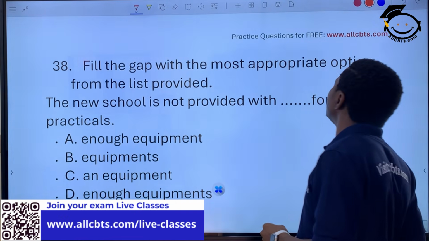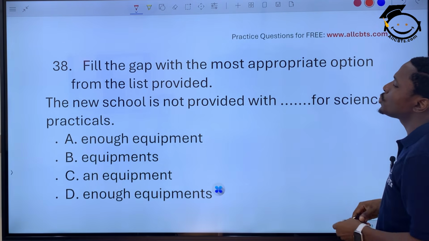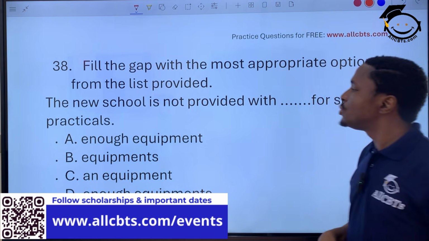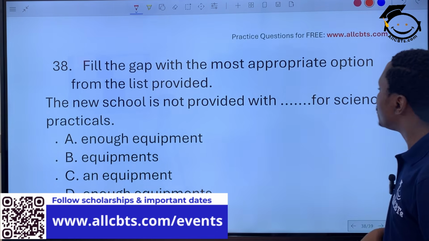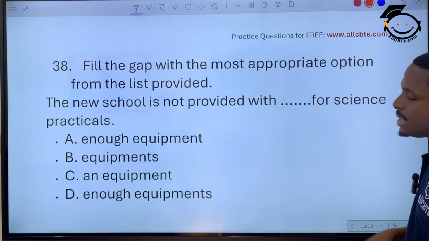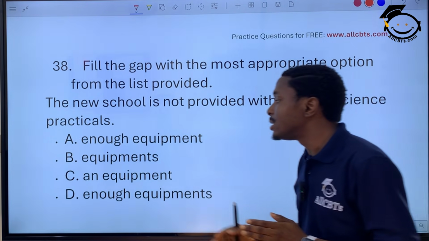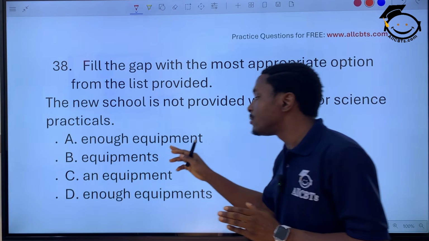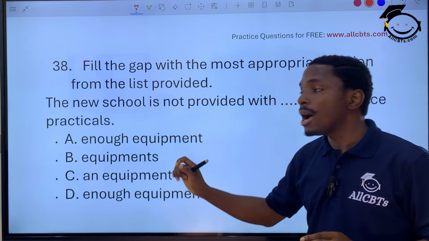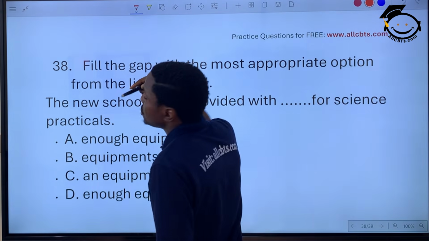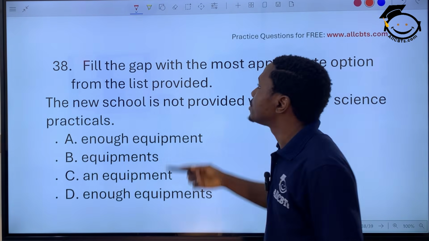Next, fill in the gap with the most appropriate word. The new school is not provided with dash for science practicals. The new school is not provided with enough equipment. There's nothing like equipments. Equipment is never put in with the S. These are uncountable nouns.